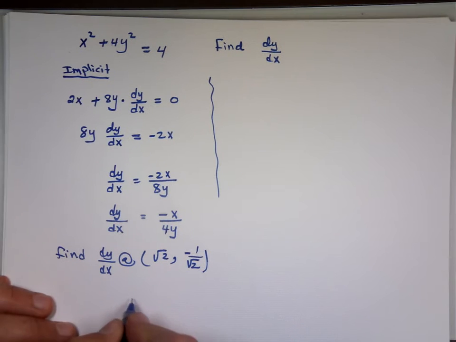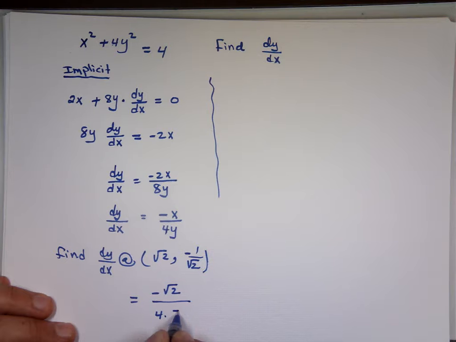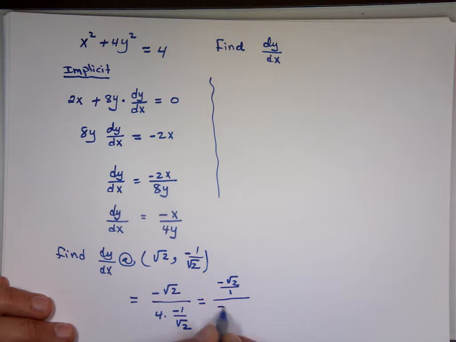Your x value is this. Your y value. So it'll be 4 times negative 1 over the square root of 2. That's negative 4 over the square root of 2. You probably remember what I said.